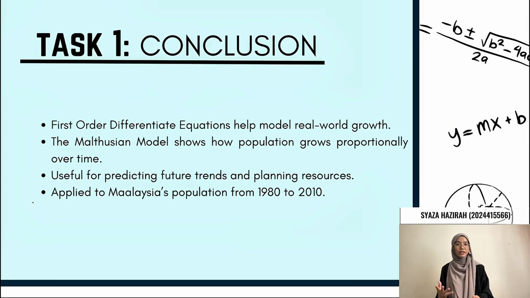By applying this model to Malaysia's population data from 1980 to 2010, we gain a better understanding of how mathematical concepts can help in predicting trends and making informed decisions. It is a useful tool for planning future needs such as housing, healthcare, and infrastructure. Overall, this task highlights the importance of math in understanding and managing real-world problems.